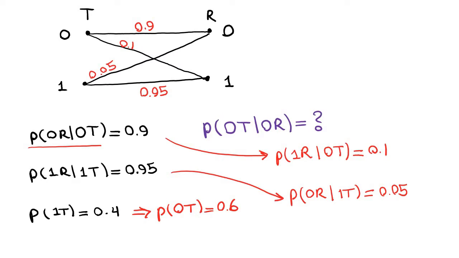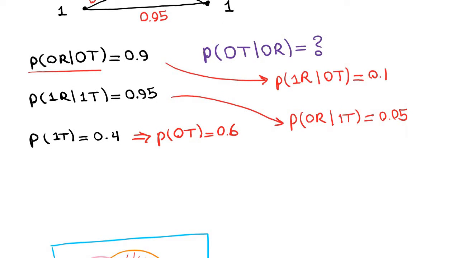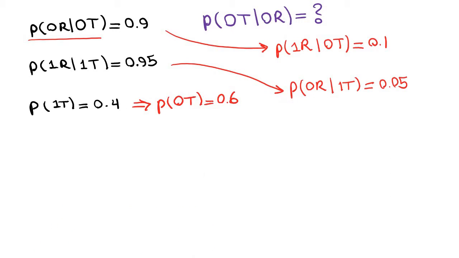Now, let's look at what we are looking for. We are looking for the probability of transferring 0 given receiving 0.